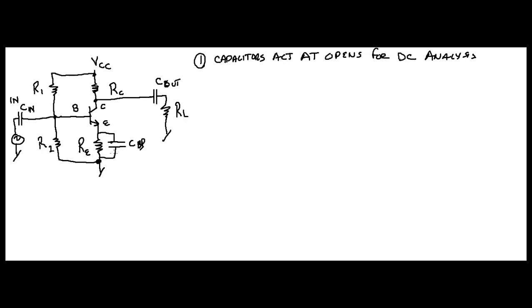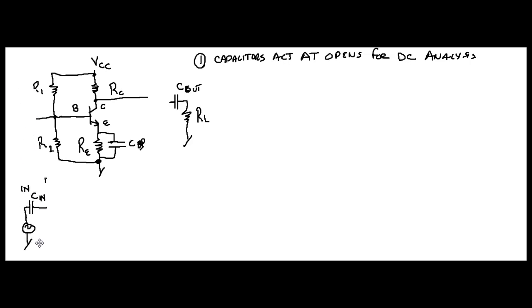Okay, so if I say they act as an open, basically this is like it's been cut, the wire cutter, right? This one here, it's been cut. It's like it's not even there.